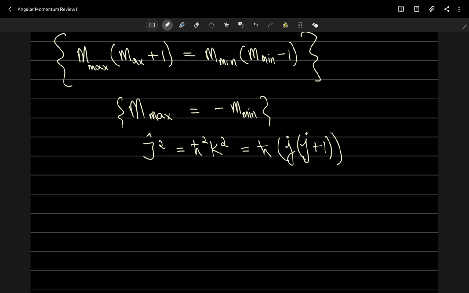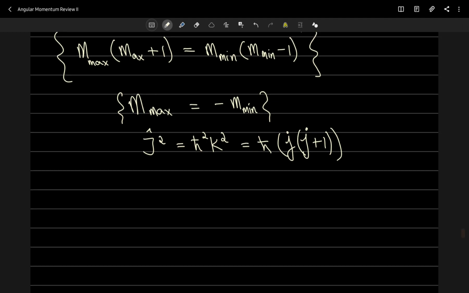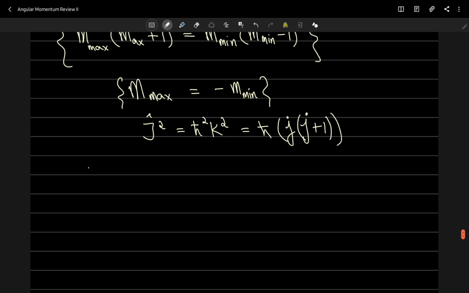Now what does this mean for you? This means that m is going to run from minus j to plus j in unit steps.